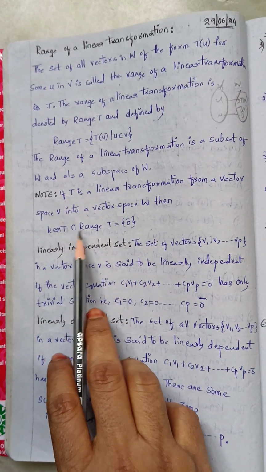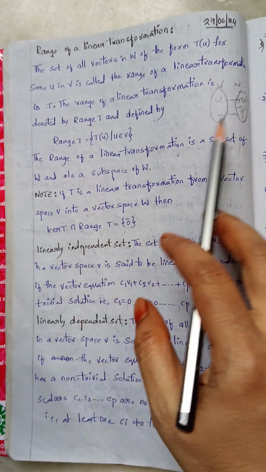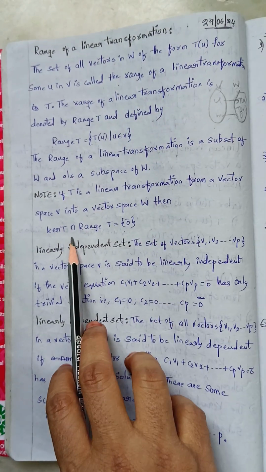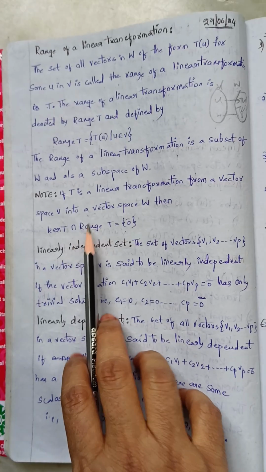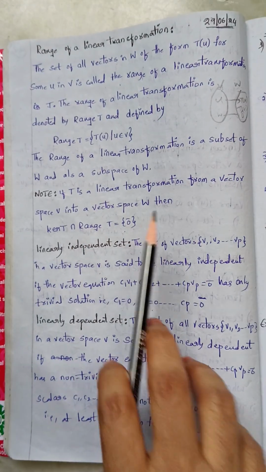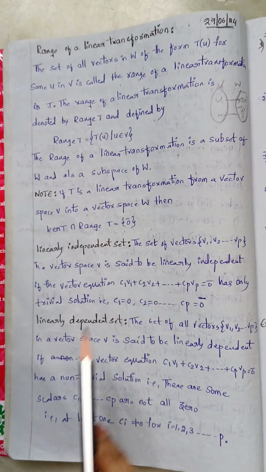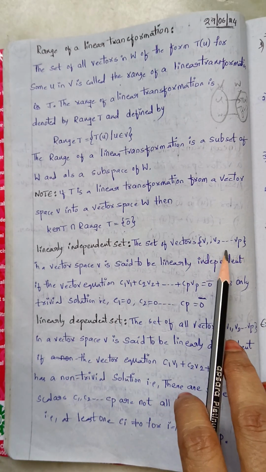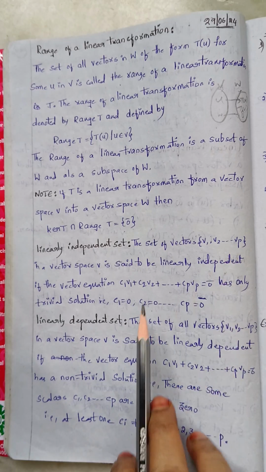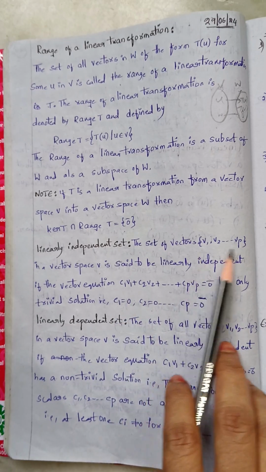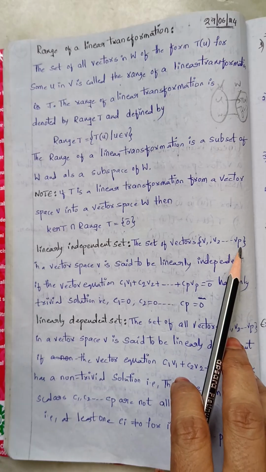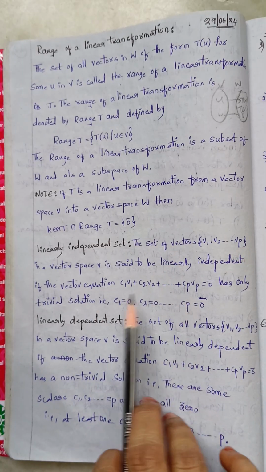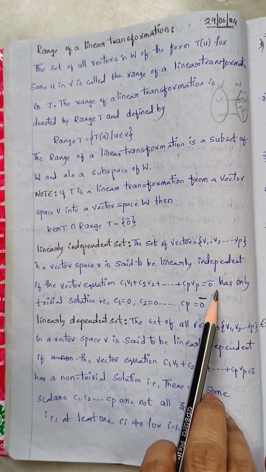Now kernel T intersection range T means they have no common vectors except the zero vector. The only common vector in kernel T and range T is the zero vector. Similarly, a linearly independent set: we take a finite set of vectors, and to check whether it is linearly independent, we take a linear combination of all these vectors. If p vectors are given, we choose that many scalars, C1 up to Cp, and take the linear combination equal to 0 bar.